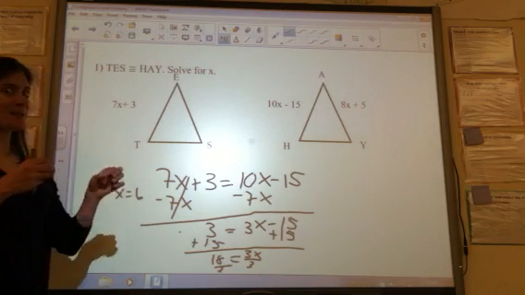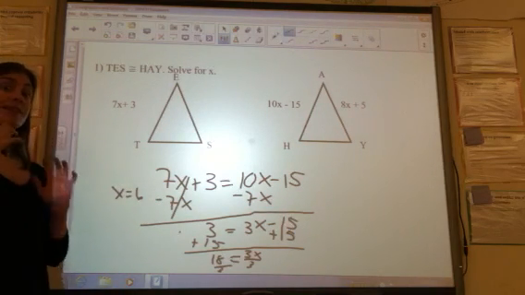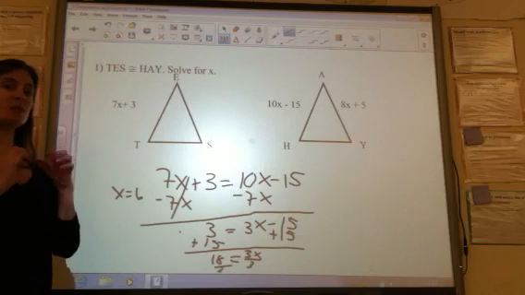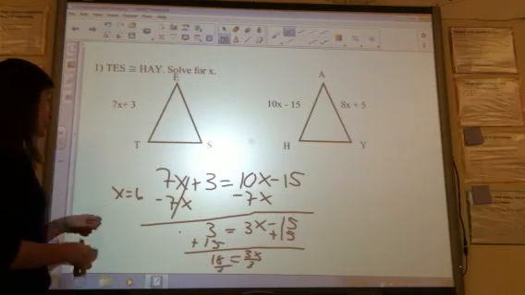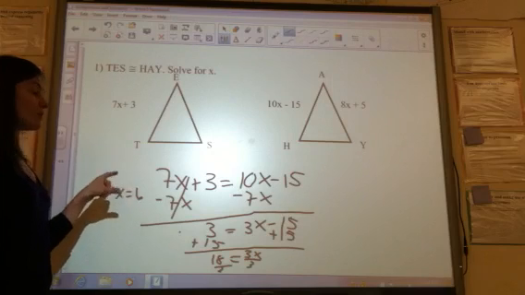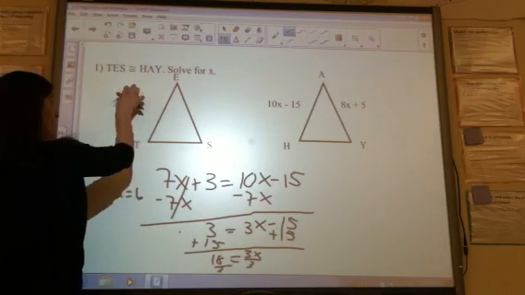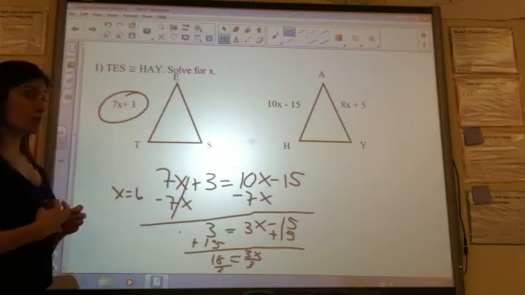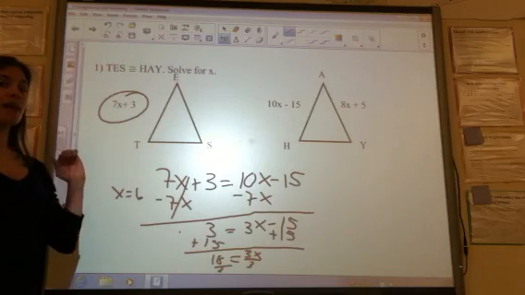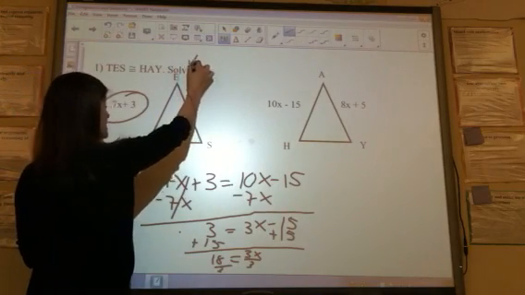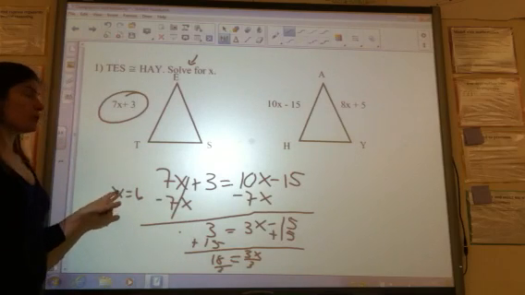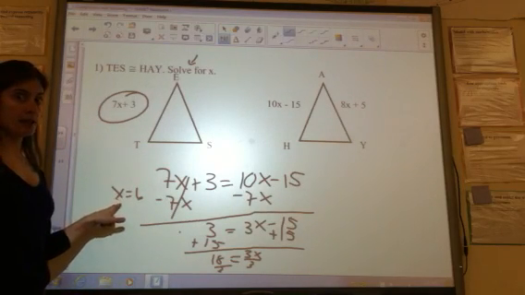Remember, that x equals 6, that doesn't mean that the side equals 6. This has been a constant mistake and something that we have to pay very close attention to. In this case, x equals 6. So in order to find the length of this side, if that's what the problem was to ask for, I would have to plug 6 back in. In this particular problem, it does tell you to solve for x, so your answer would be 6.